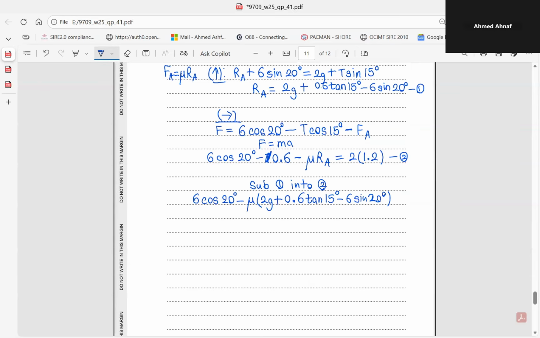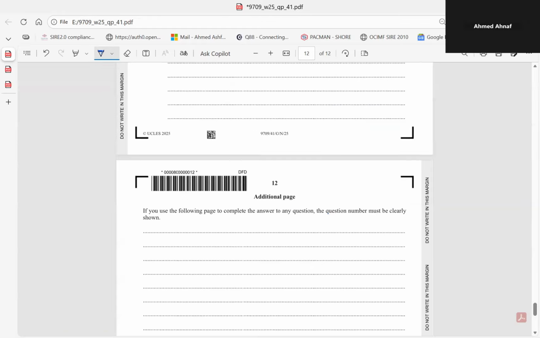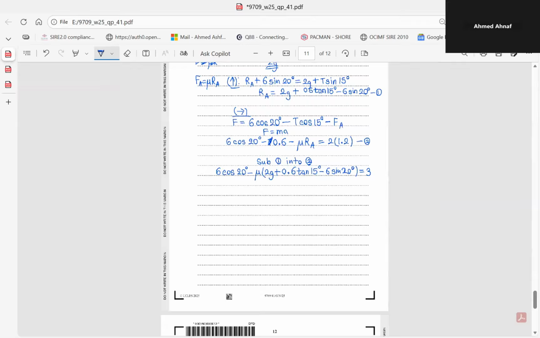This equals 2 times 1.2, which is 2.4, plus 0.6, which is 3.